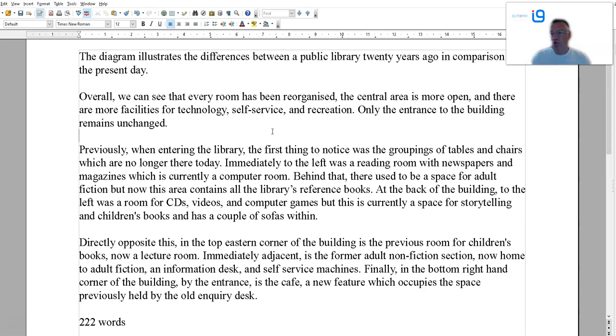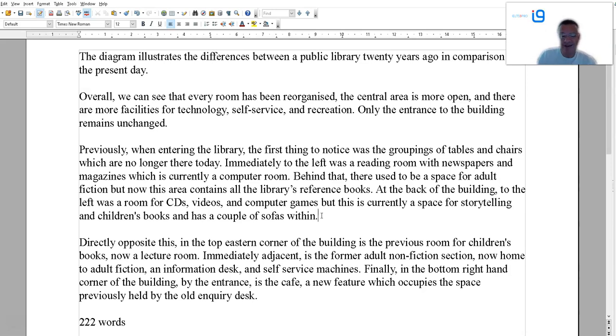So, I won't read it all out, but you can see how I'm transitioning, moving around from stage to stage, yeah? Previously, when entering, immediately to the left, behind that, at the back, on the left, opposite, adjacent. That kind of language and detail, I think, would score you well in terms of score when you get your actual exam.